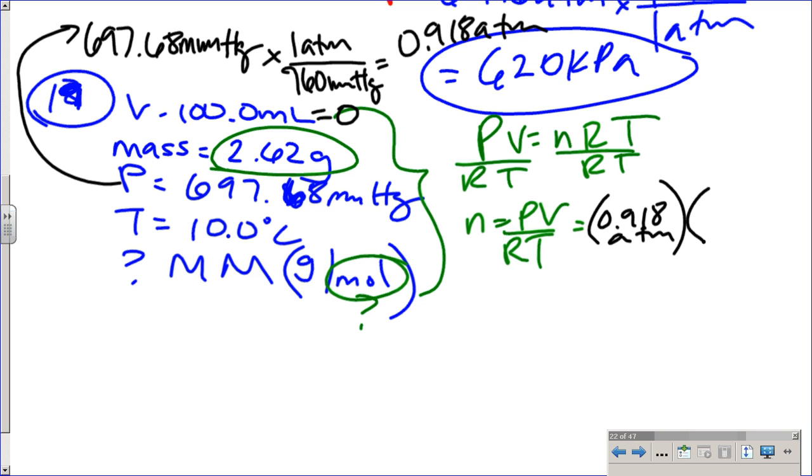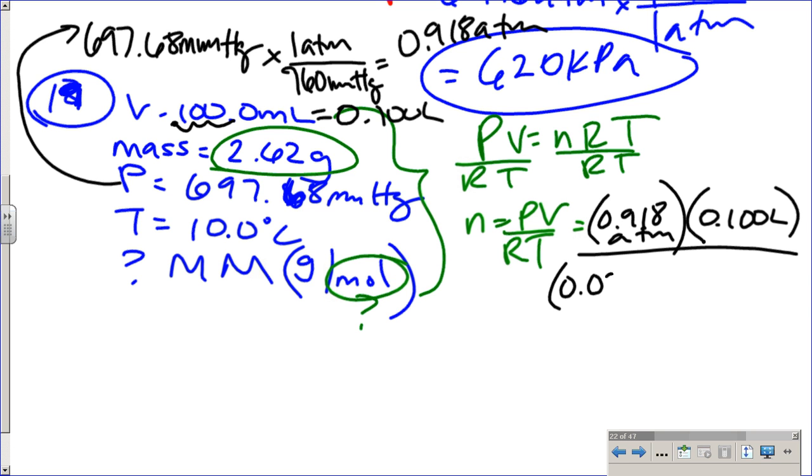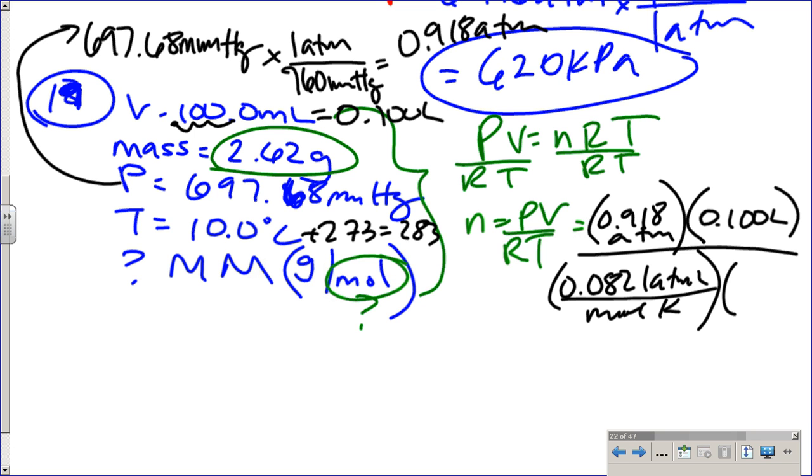Point what? 0.100 liters over our value, which is a standard 0.0821 atmosphere liters per mole K, and T. Are you in good shape? You got to add 273 to that guy, so 10 plus 10 plus 273 is 283 Kelvin.